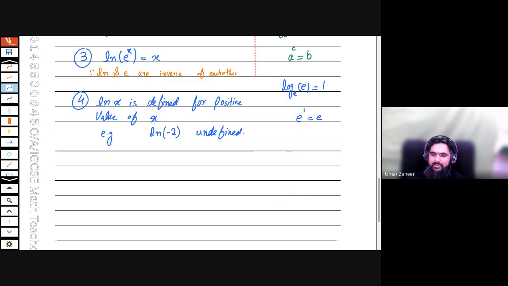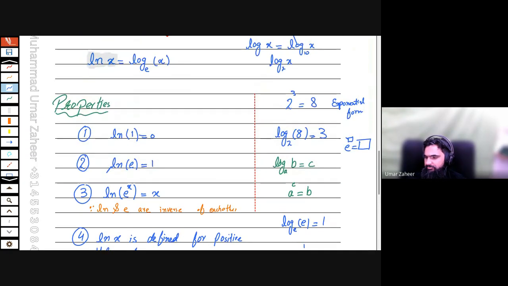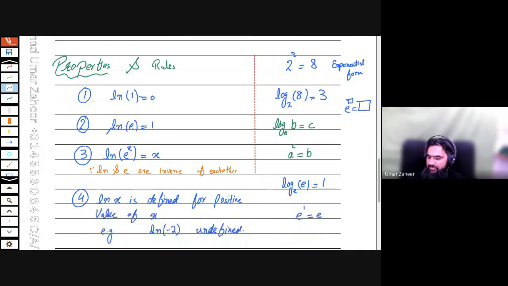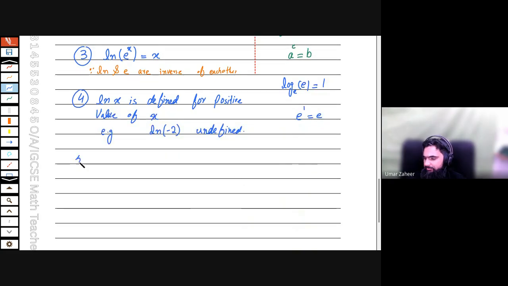Okay, these are the properties and some rules with it as well. Rules for simplification, let's say. Always remember in the natural log or in the simple log as well, you have the two numbers, they are adding.